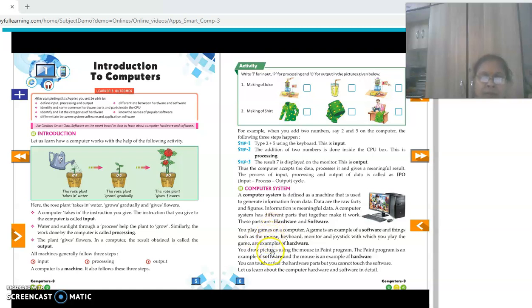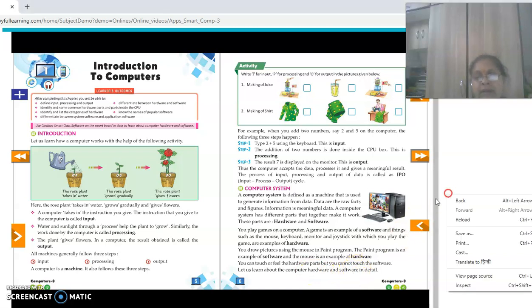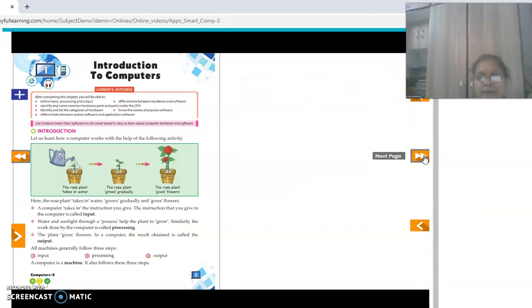Now he draws pictures by using Paint. So here Paint is a program. So it is an example of software, and the mouse is an example of hardware. So we can say you can touch or feel the hardware parts, but you cannot touch the software. So let us learn about the computer hardware and software in detail in the next slide. Okay.